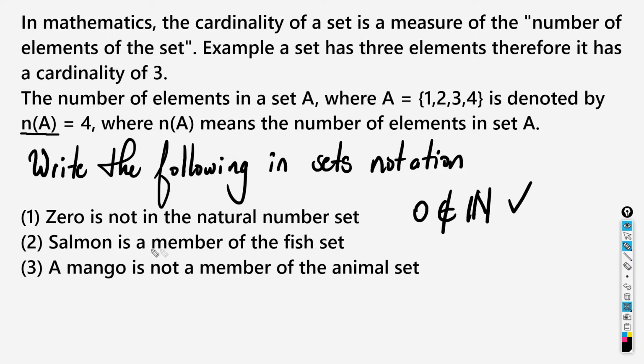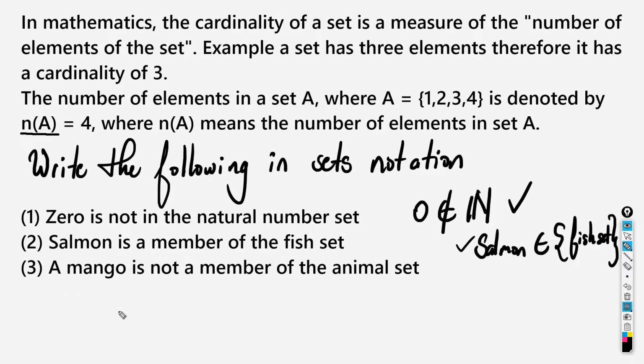Number 2 says salmon is a member of the fish set. So how do we write this? We would write salmon, which is a type of fish, is an element of the fish species set. So this would be the answer for that one, guys. It is an element of that set.